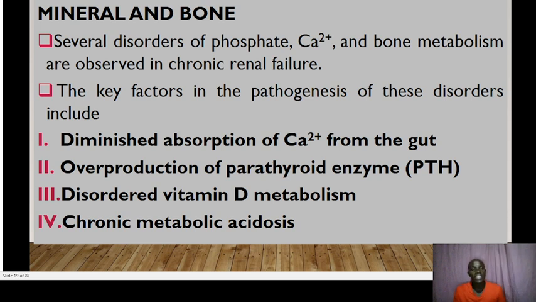Another key concept is mineral and bone disorder. Several disorders of phosphate, calcium, and bone metabolism are observed in chronic renal failure. The key factors in the pathogenesis of these disorders include diminished absorption of calcium from the GIT, predisposing our patient to bone problems.